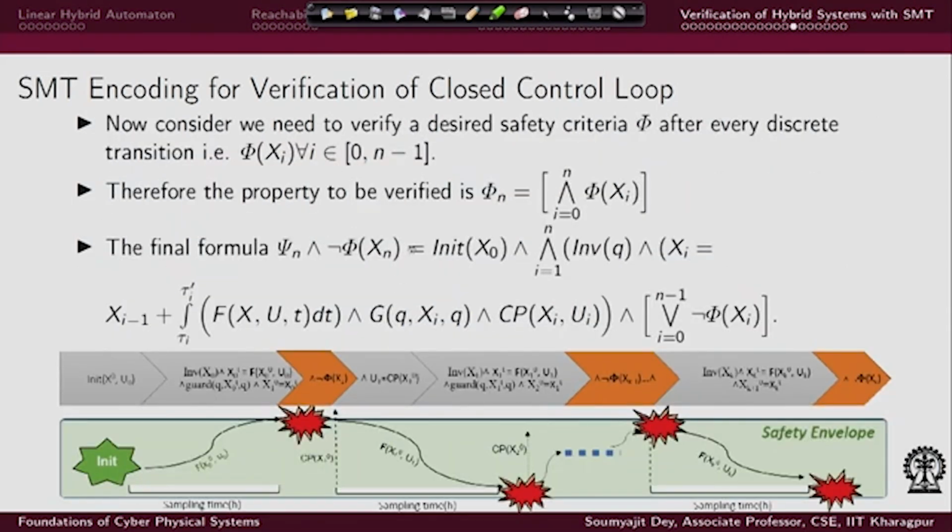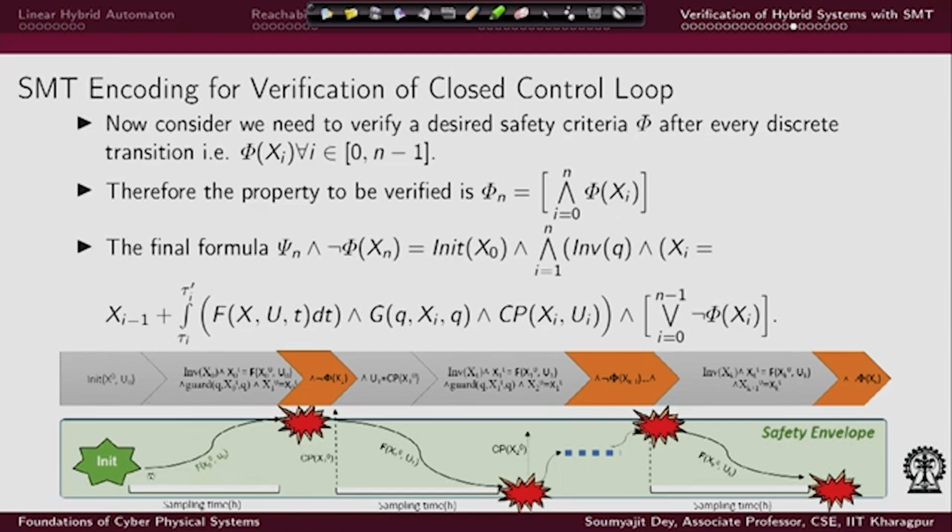So, you will again have a formula to be verified, which will look like this, and the final formula that is to be checked for a value assignment will just look like this here. Okay. Essentially you have the plant and then the controller, again the plant and then the controller together, and that evolution, let us say this is your safety envelope, that what this phi is telling you is that while the evolution is happening, there is a safety envelope which must be satisfied.